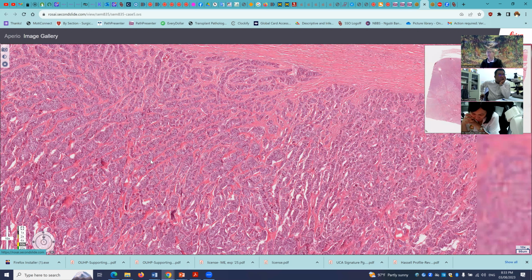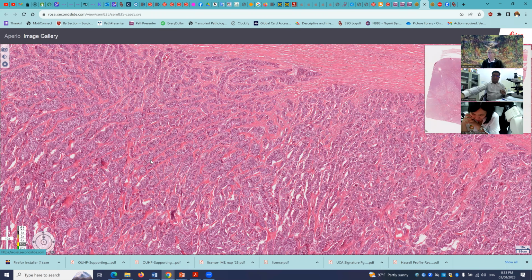Now, of course, we know there are monodermal teratomas that are pure carcinoid that occur in the ovary, as well as the struma carcinoid tumors that occur in the ovary as well. So the GYN tract is not immune. And in fact, that brings me back to our case here, because this case was a uterine tumor.